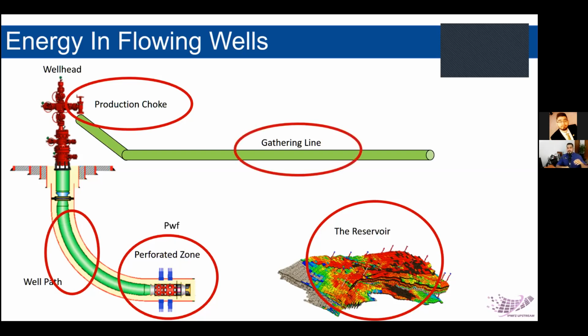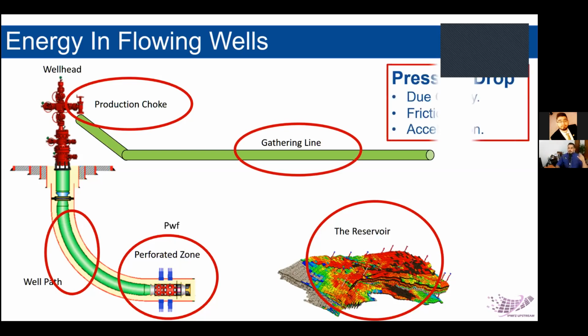And you will have an additional pressure drop on the gathering line, or the connecting flow line, that takes the produced hydrocarbons from the wellhead to the processing facilities. So mechanically speaking, there are three types of pressure drop happening inside a given production system, which includes the reservoir, from the perforation up to the processing facilities.